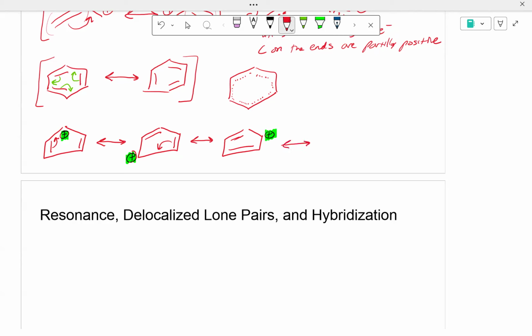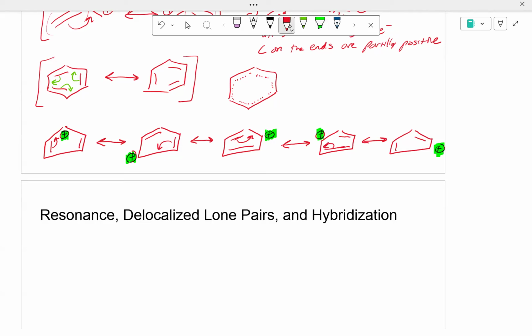I'm going to keep on going. I'm going to move this here, and now the plus charge is here. Then we can do one more, and now the plus charge is here. I want you to look at those 5 positive charges.